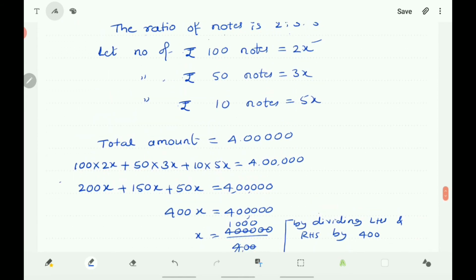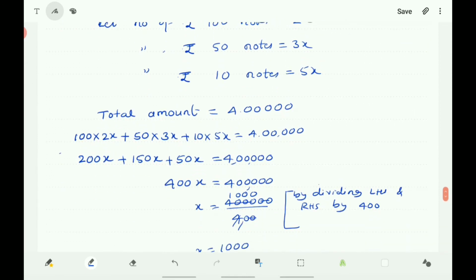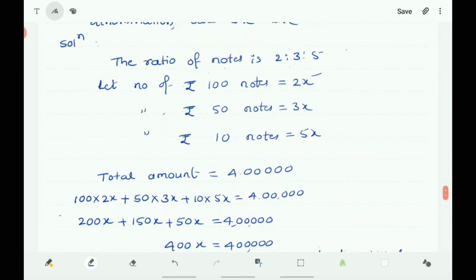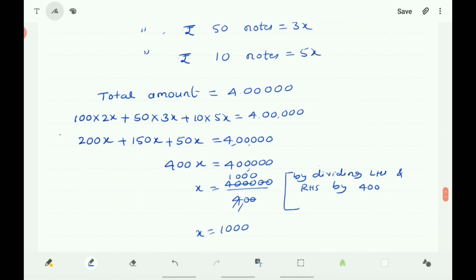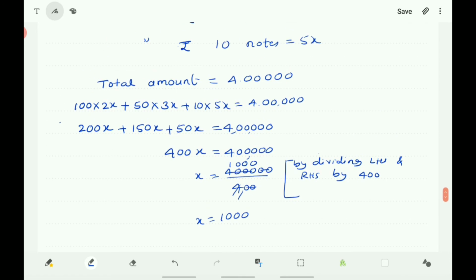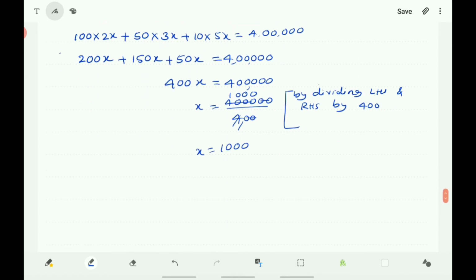Therefore, how many 100 rupees notes are there? 2 into 1000. How many 50 rupees notes are there? 3 into 1000. How many 10 rupees notes are there? 5 into 1000. Here the question is, how many notes of each denomination does she have? So you write number of rupees 100 notes.